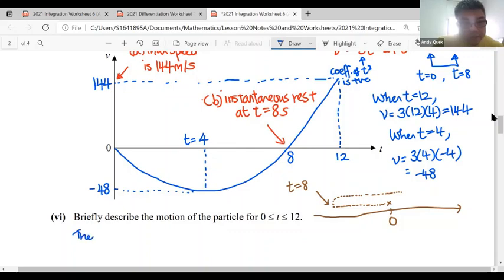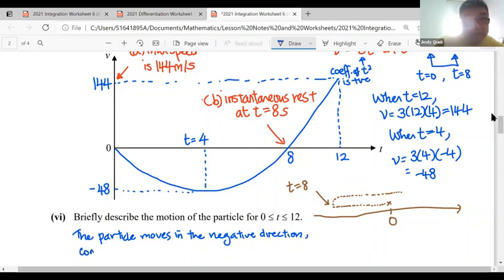The particle moves in the negative direction. That's the first part. Comes to instantaneous rest. Okay, my spelling is wrong.